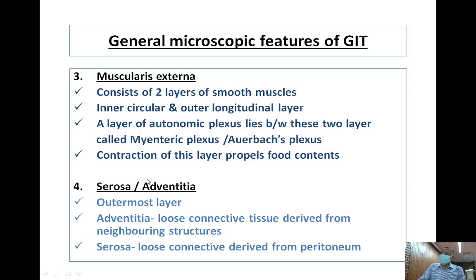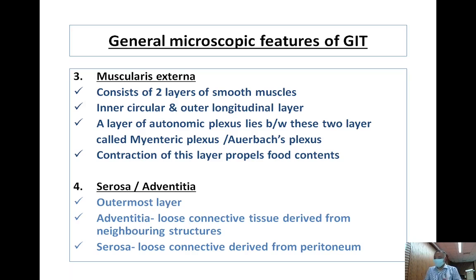Then come to the serosa or adventitia, that is the outermost layer. This outermost layer, somewhere we call it adventitia. This serosa or adventitia is made up of loose connective tissue. We call it adventitia when it is derived from the neighboring structure.